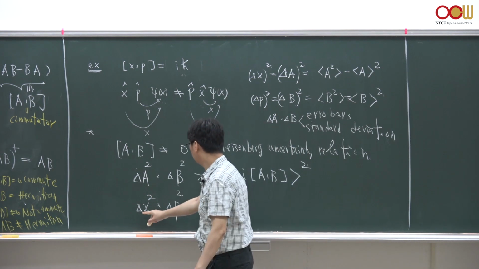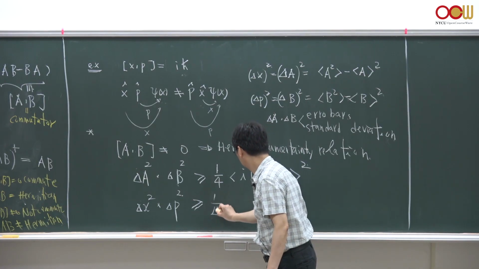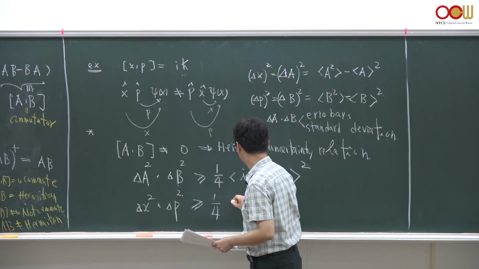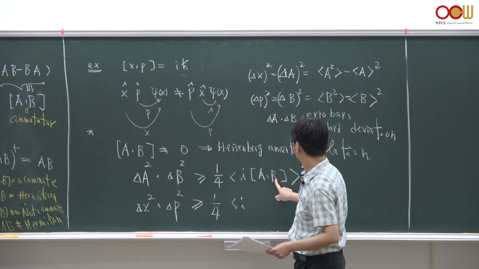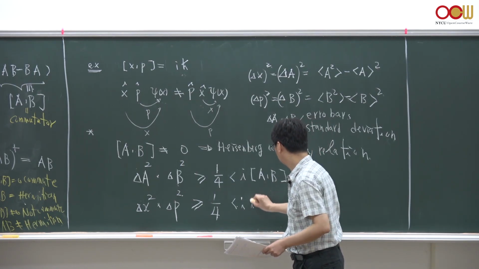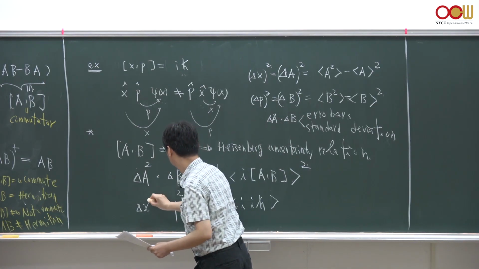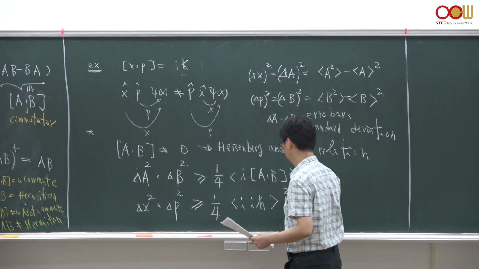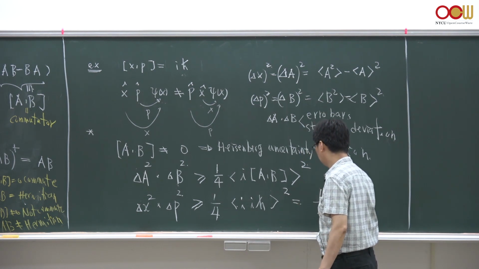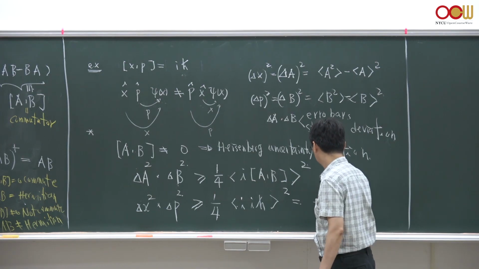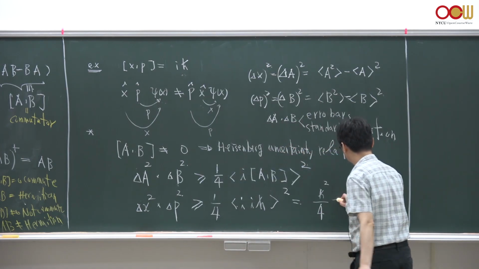So the theorem says that delta x times delta p is greater than or equal to 1/4 of the square of this quantity. Here i times the commutator of x and p is i h bar, and squared, the right-hand side is 1/4 times h bar squared. You take the square root of this inequality and you get exactly the Heisenberg uncertainty relation.